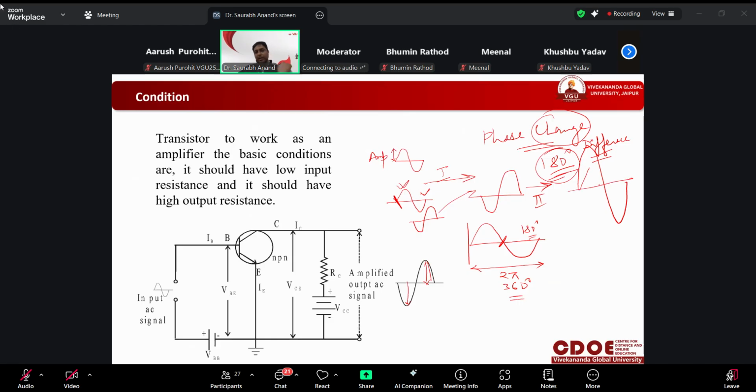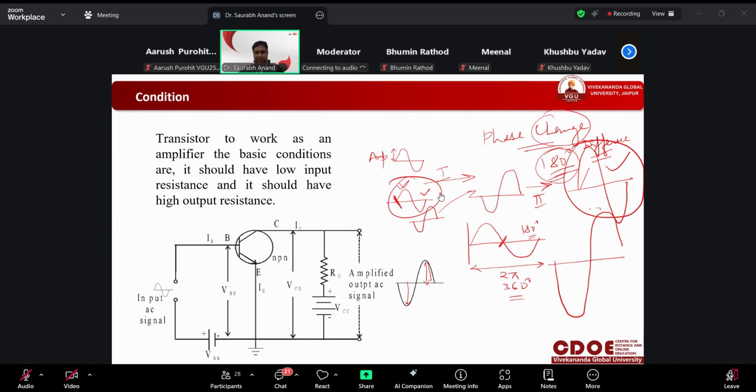If we again add one, it works in this manner. We will get the amplified output but after a 180-degree phase shift. But if we want the same phase, we have to add one more transistor. So this and this are in the same phase but amplified, right?